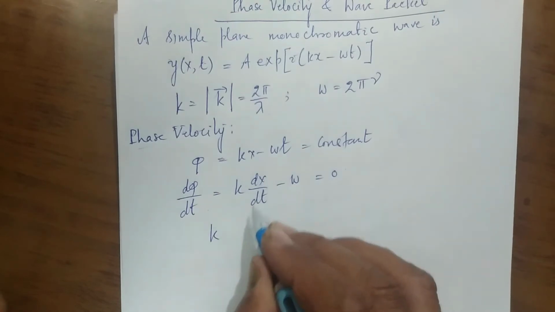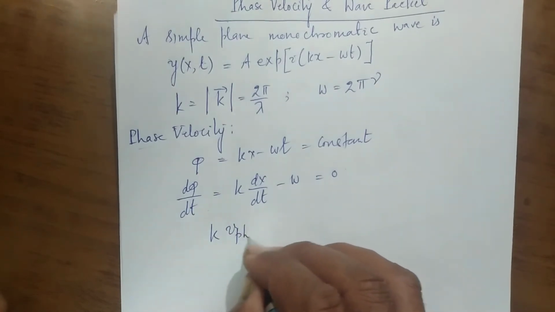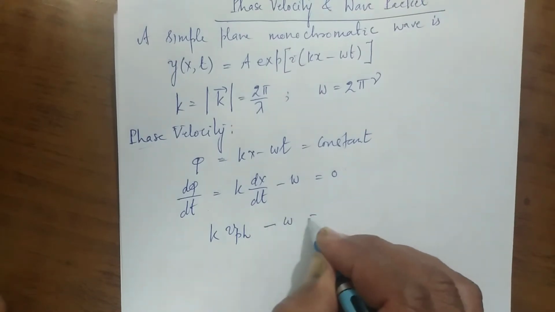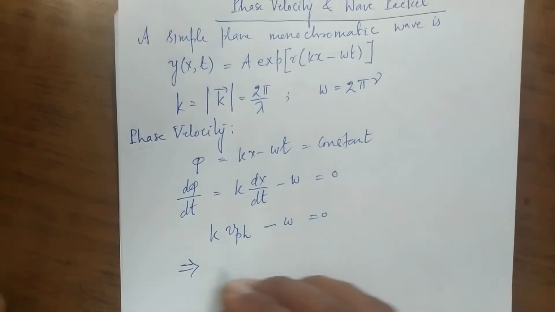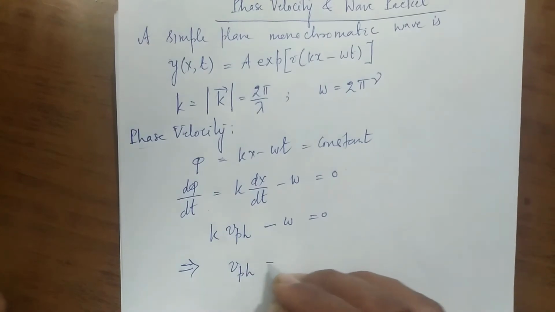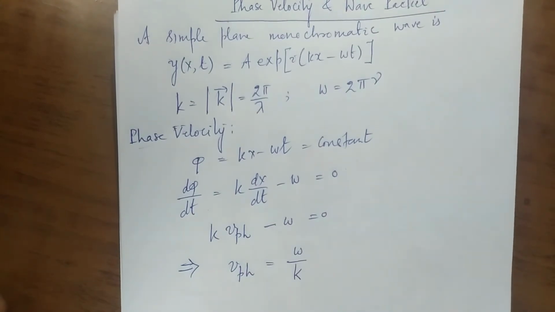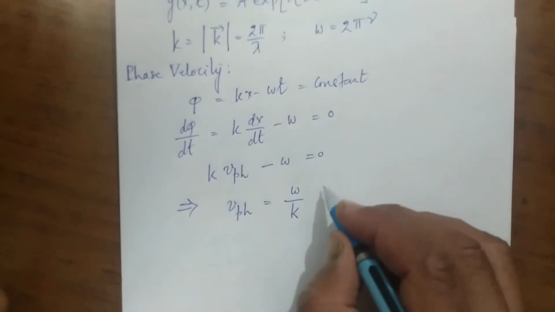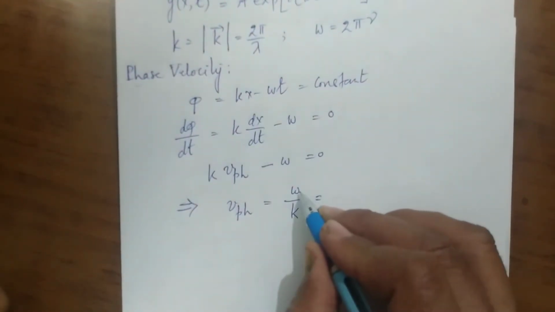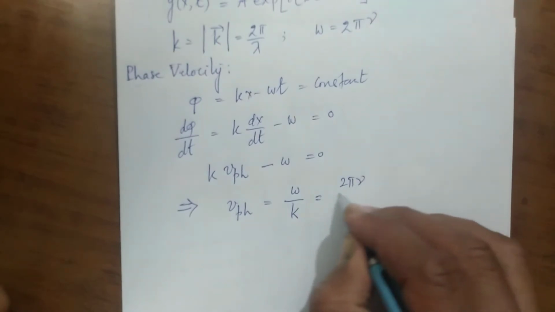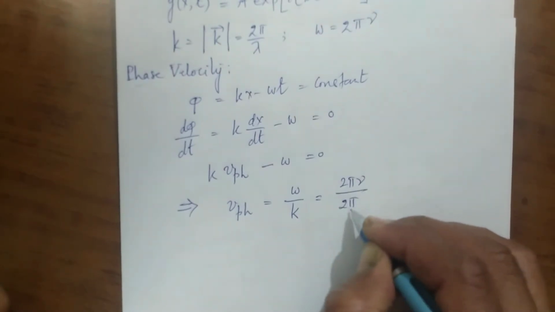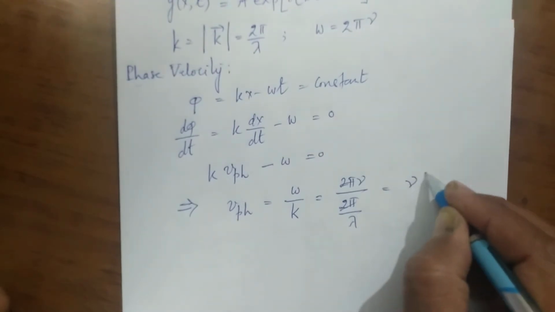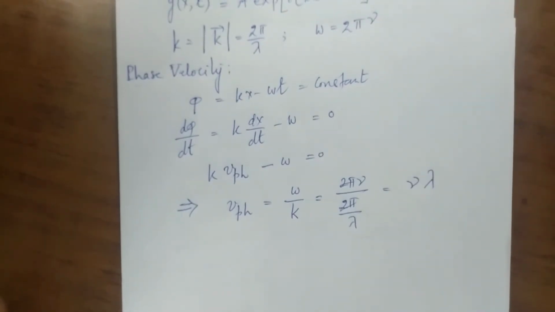Here dx by dt is known as the phase velocity v_ph, or wave velocity. So this gives us phase velocity is equal to omega by k. If we put in omega and k, we get 2 pi nu upon 2 pi by lambda. The 2 pi cancels, so this is frequency multiplied by wavelength.